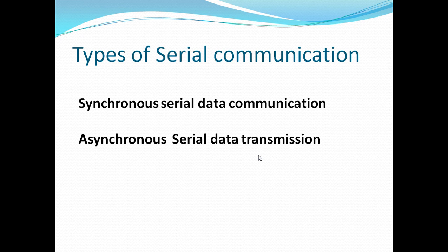In synchronous serial communication, both transmitter and receiver use the same clock frequency for their data transmission. But in asynchronous serial data communication, data transfer takes place at different clock frequencies. Different clocks are used for data transmission in serial manner, that is asynchronous communication.